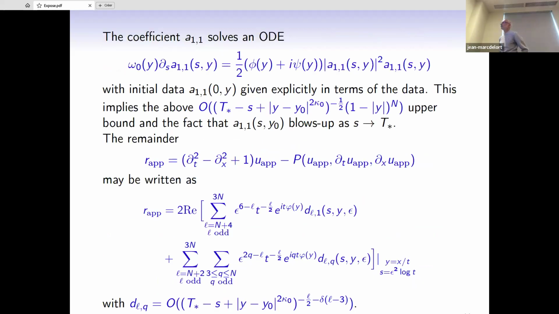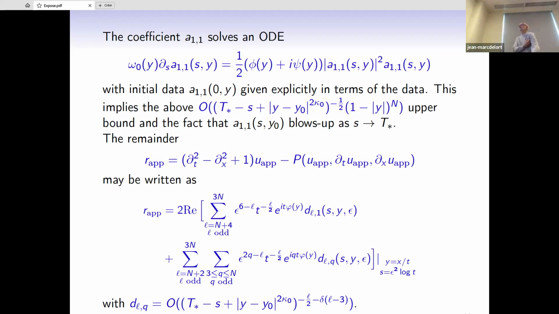And you get an ODE of the following form: omega 0 of y, which was a function introduced earlier. It's not necessary to remember what it is, just a positive quantity. So omega 0 of y ds A11 is equal to a nonlinearity, modulus of A11 square A11, times a complex number, 1/2 of phi plus epsilon.